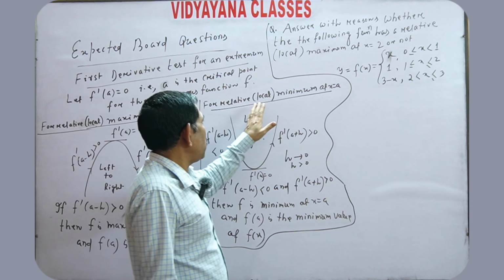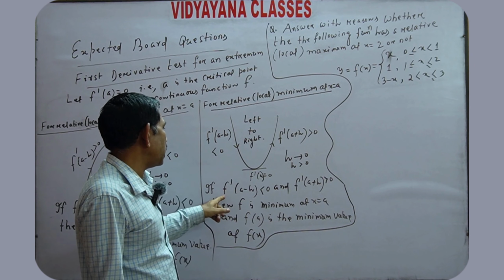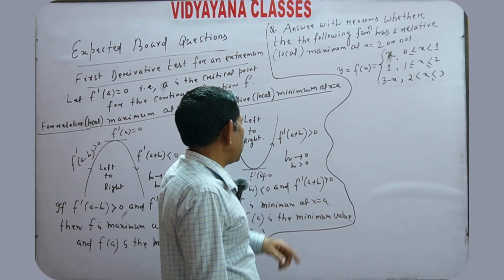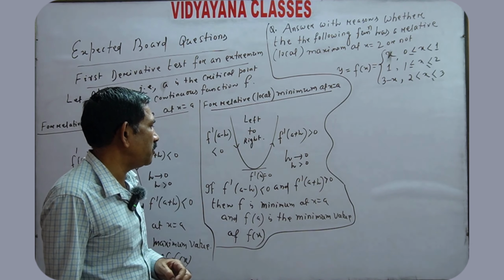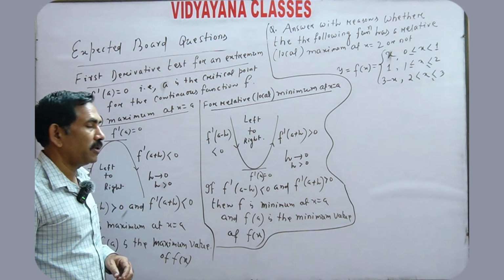For a relative or local minimum at x = a: if f'(a − h) < 0 and f'(a + h) > 0, then f is minimum at x = a, and f(a) is the minimum value of f(x).